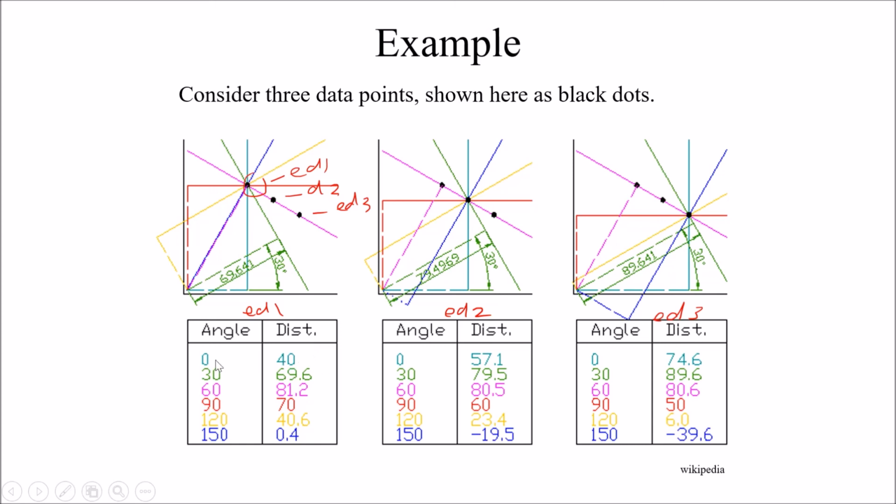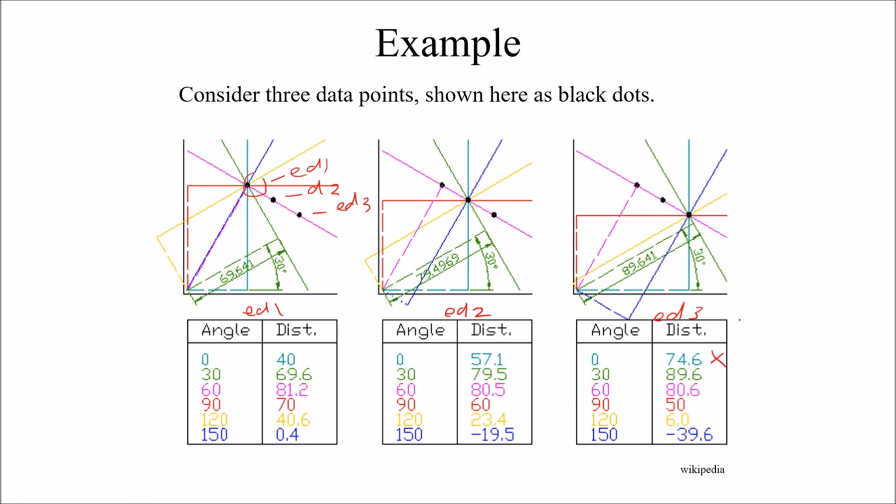So let's say for zero angle, you see the distance calculated was 40, 57, and 74.6. So it can be clearly hypothesized that this is not the location of the straight line. Next, we move on to 30 degrees. 30 degrees, first distance 69, second 79, third 89.